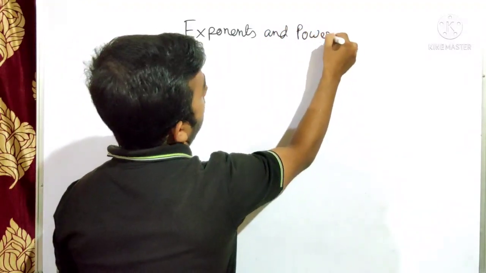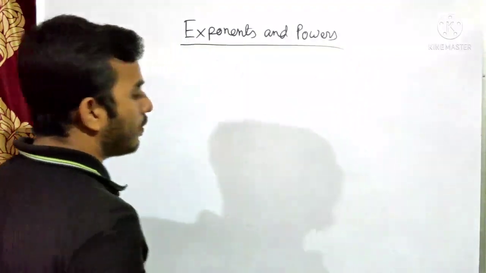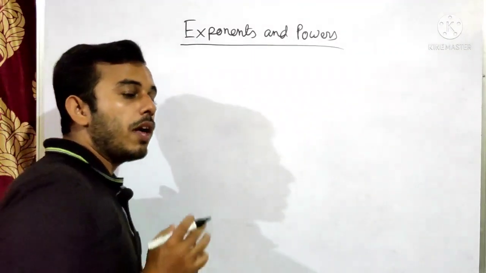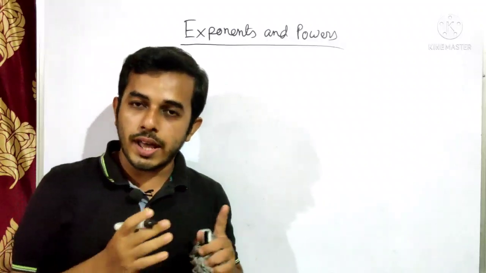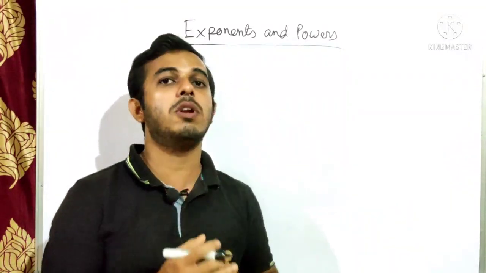As I told you, these two words came from a form of a number which is known as exponential form. Exponential form was we got when a certain number is multiplied many times. When a certain number is multiplied many times, we can express the number in the exponential form.